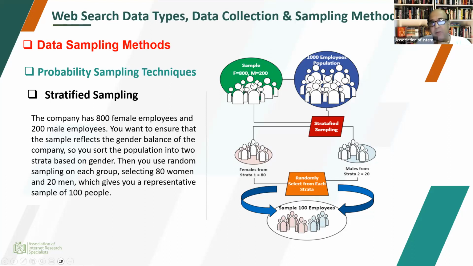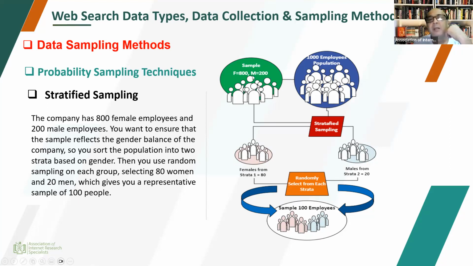So let's see, we have a sample size or a population of 1,000 employees, assuming. Now, from this employee set, you need to figure out a way of obtaining the sample, knowing well that the 1,000 employees would make 800 females and 200 males. So the ratio here is, I guess, 8 to 2, or females are 800 and males are 200.